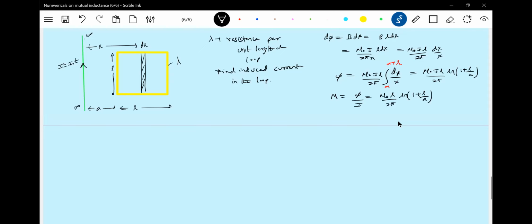So what is the formula for induced EMF in the loop? The induced EMF in the loop is equal to M into di by dt. What is M? M is the mutual inductance. di by dt is the rate of change of current in the wire. According to this, M is mu naught L by 2 pi log of 1 plus L by A, and di by dt is I naught.